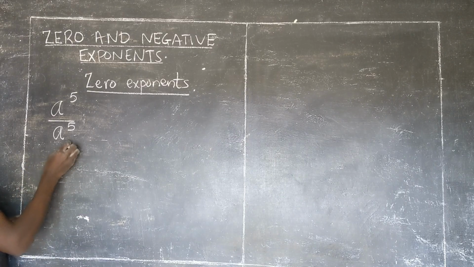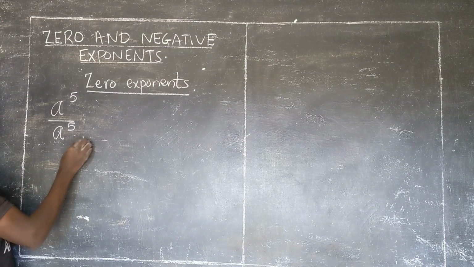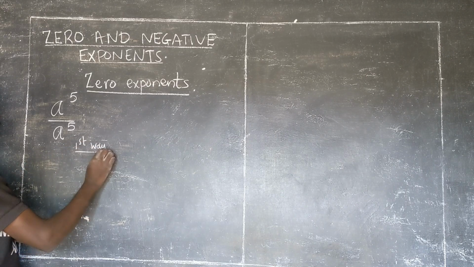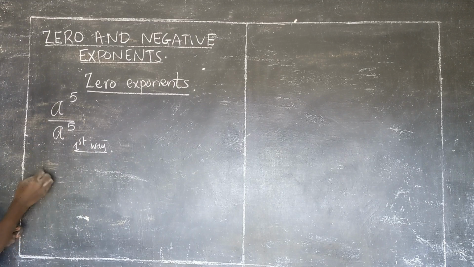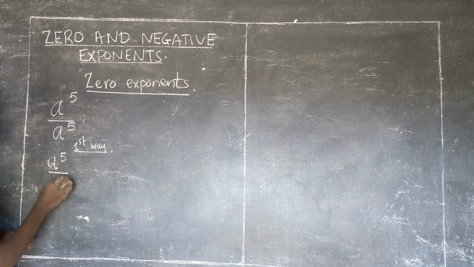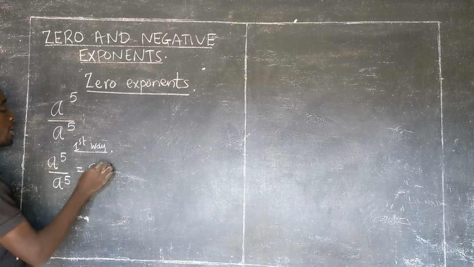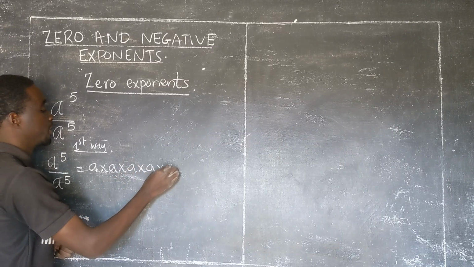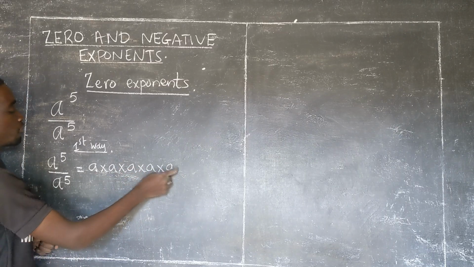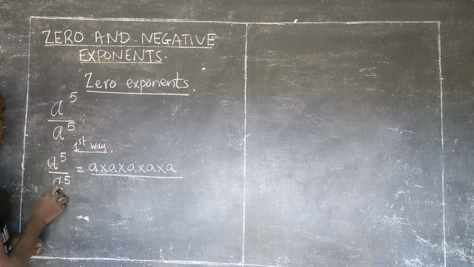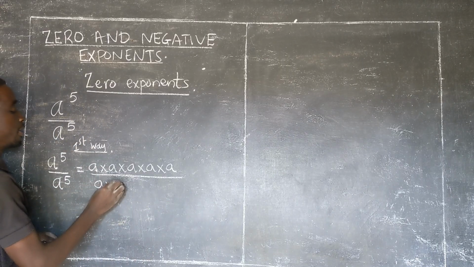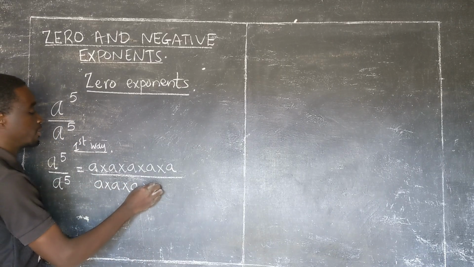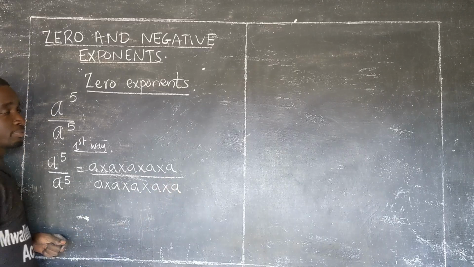The first way, we may go this way. A raised to 5 divided by a raised to 5 is equal to a times a times a times a times a, 5 times: 1, 2, 3, 4, 5, divided by a times a times a times a times a.